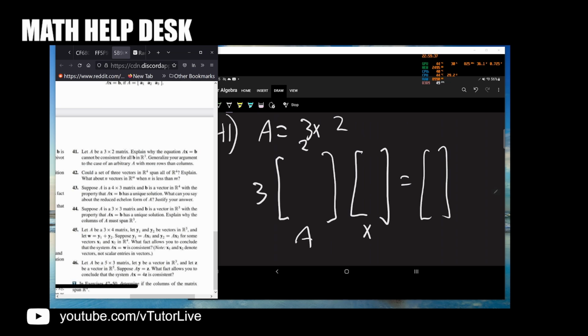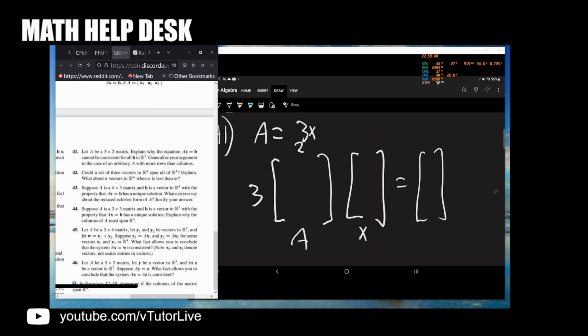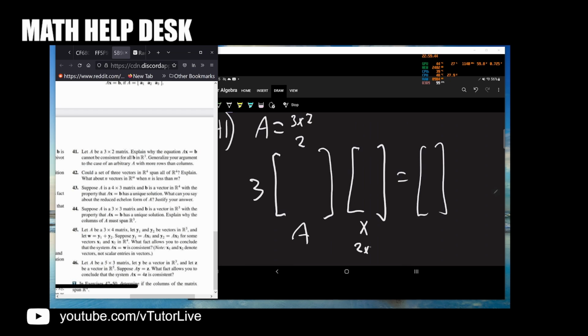And here's a little trick. x is going to be 2 by 1, right? So this is 2 and this is 1. You can remind yourself that the 2 and the 2 here need to match because of how matrix multiplication is defined.